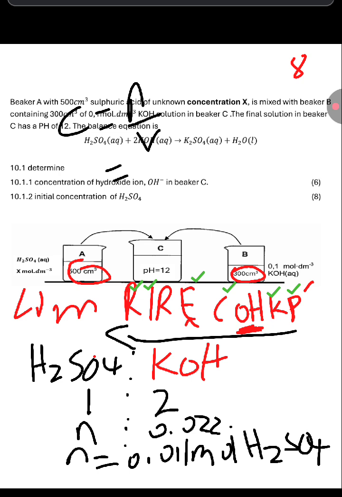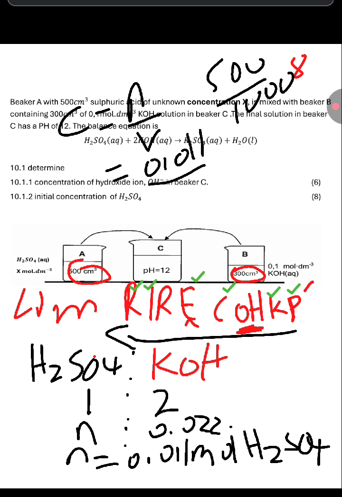The number of moles is 0.011, divided by the volume, which is 500. The volume of sulfuric acid is 500 cubic centimeters. You divide that by 1,000, you get 0.5.